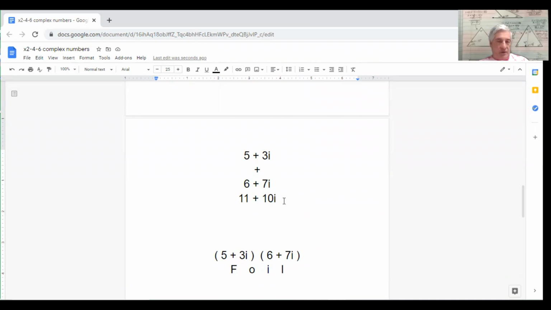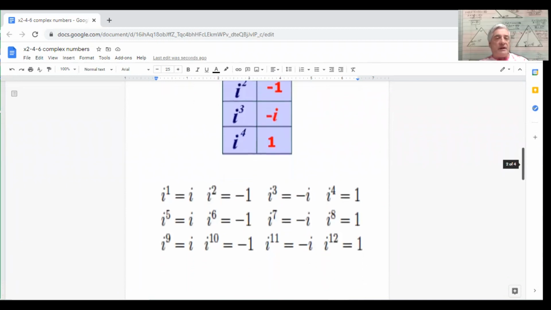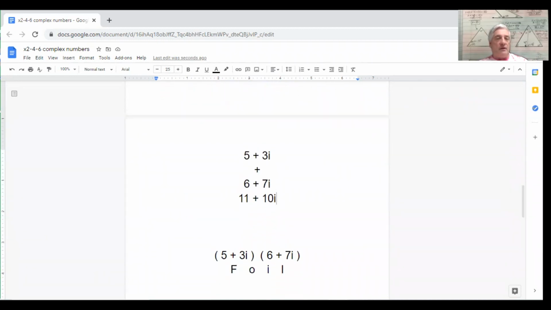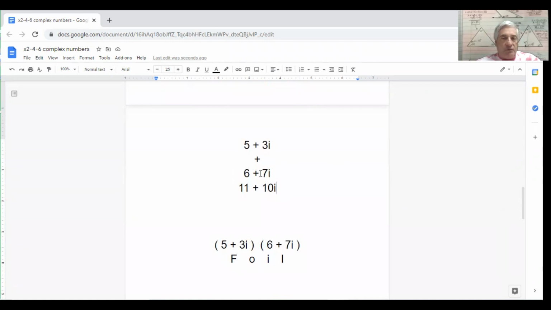It's not i to the 21 anything, and it's not i squared, it's not i cubed, it's not i to the 10th, so we can't do what I just did up here. That's not what that chart's for. We have 11 plus 10i. That's our addition. We could subtract them. You would just subtract both of the bottom numbers, and you would get -1 - 4i. Still nothing you can do. You must leave the i all alone if it's just one i.